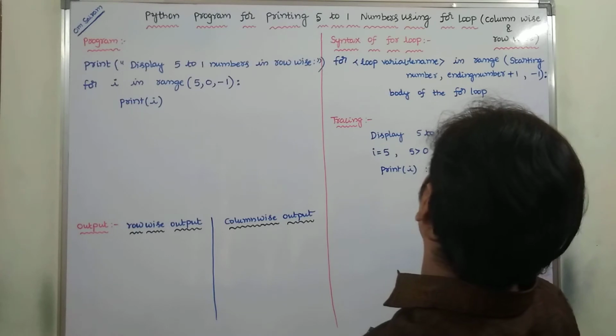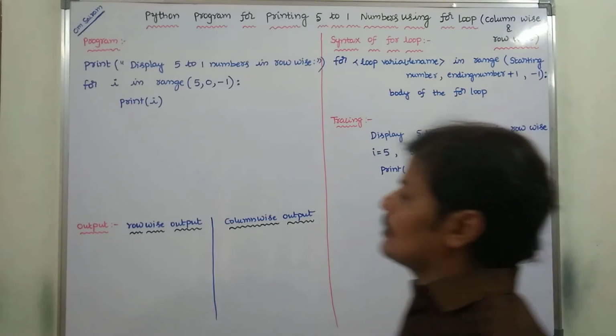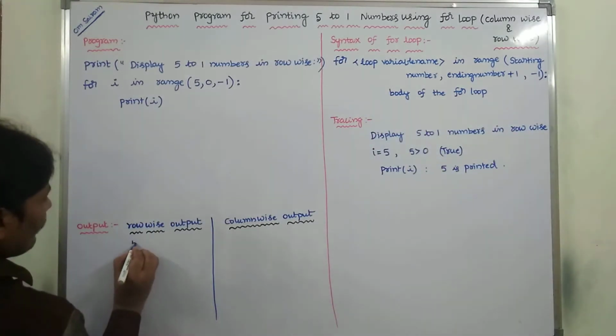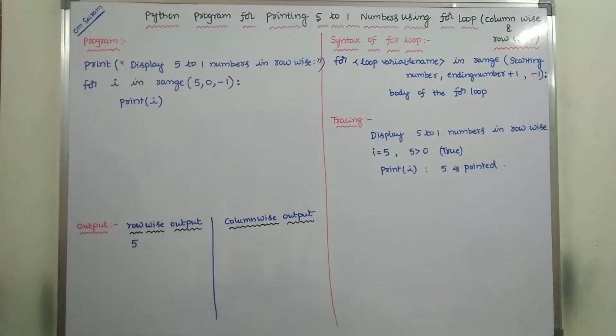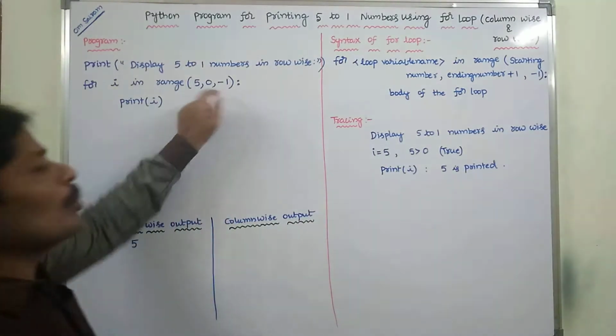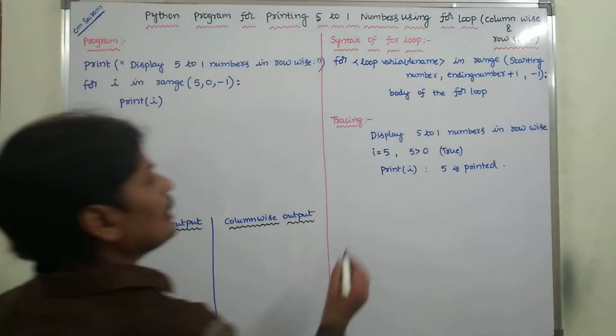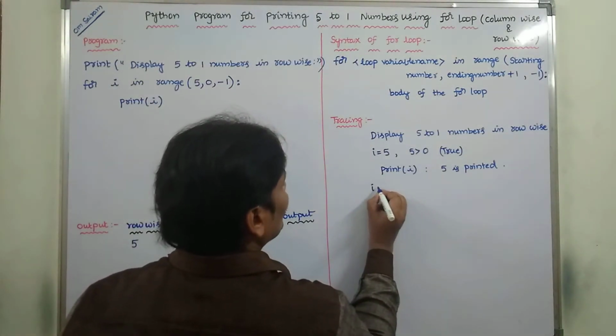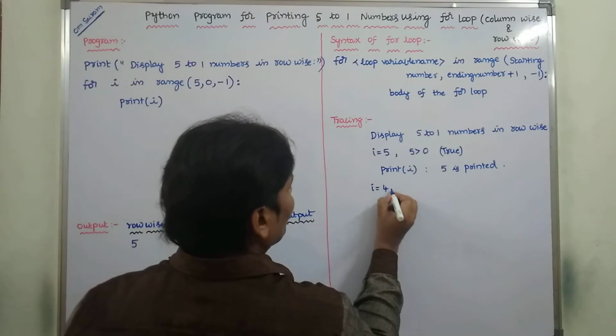After printing the I value, then the I value is decremented by 1. So now I is equal to 5 minus 1, that is 4.